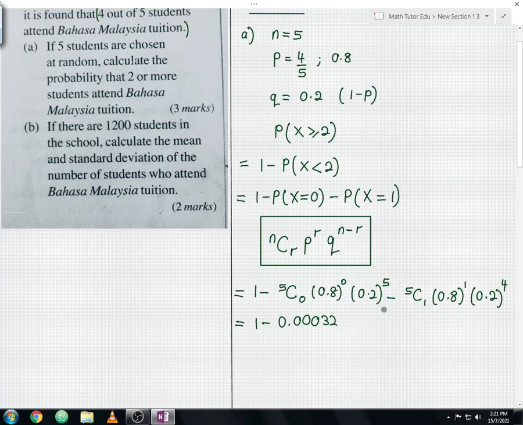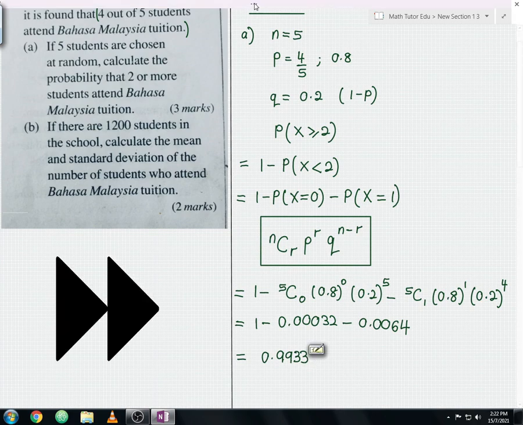For this you should get the value 0.0064. Okay, so you calculate all of them. So from here you should get your answer approximately 0.9933. Okay, so this is your answer for the question part A. Let me underline the solution for the question part A.